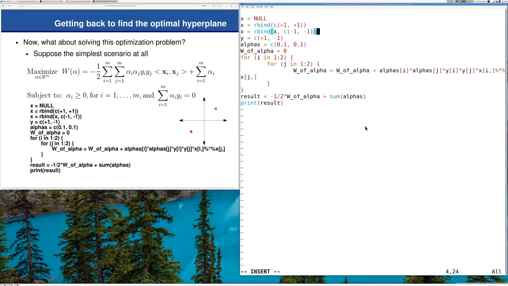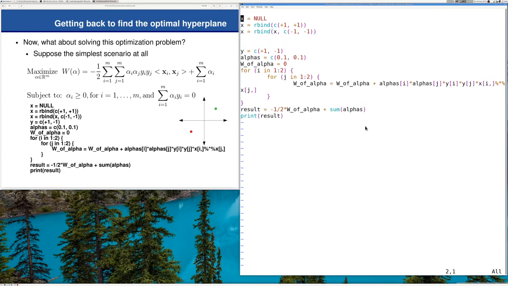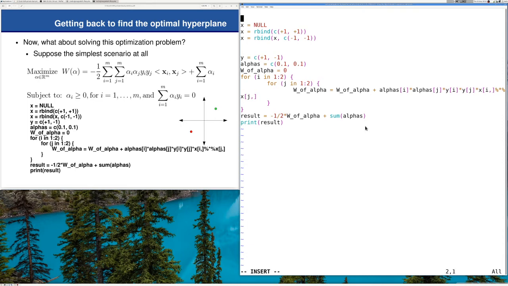Here I'm defining, as you can see, my input space. This is a positive point in a bidimensional space, and this is a negative point, or negative example, if you prefer.